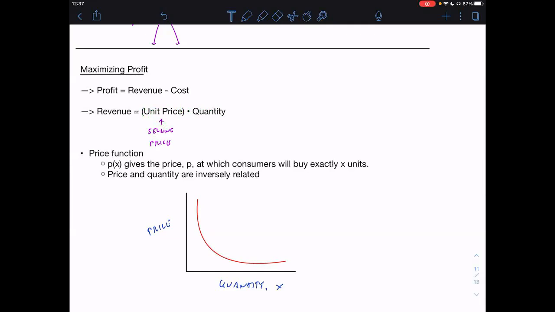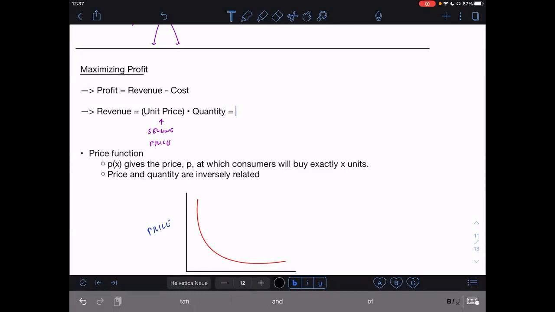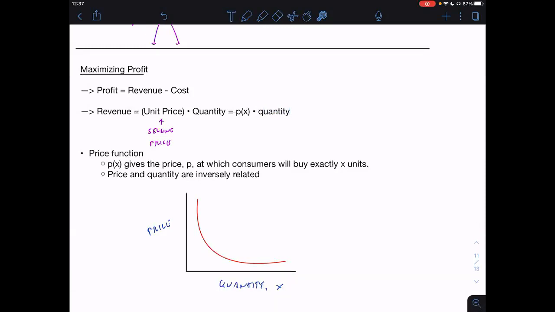In other words, our revenue function can be defined as our price function multiplied by our quantity, where usually quantity is represented by X. So price times quantity.